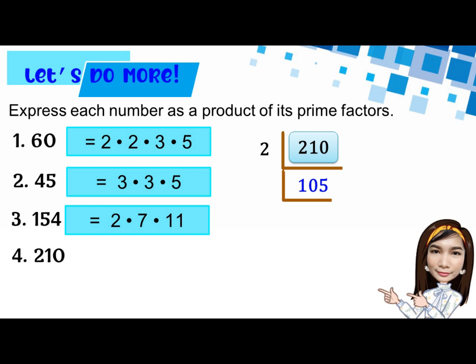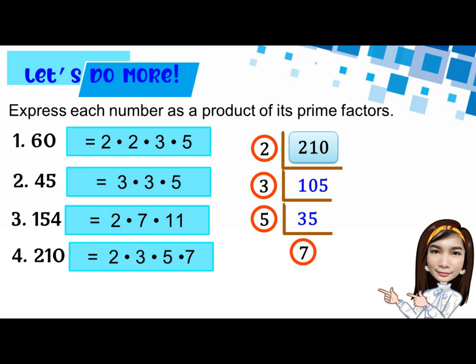So let's have 3. 105 divided by 3, we have 35. 35 can be divided by 5, we have 7. And 7 is already a prime. Encircle the primes. So 210 is equal to 2 times 3 times 5 times 7.